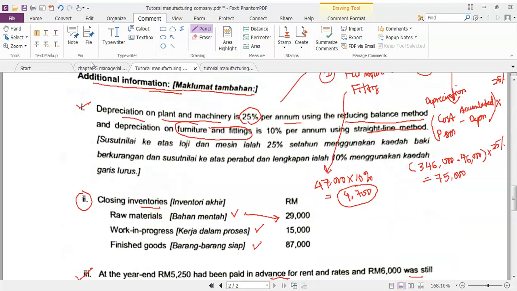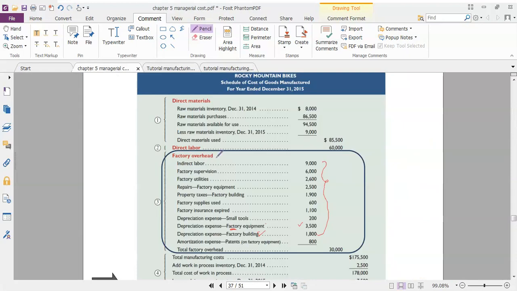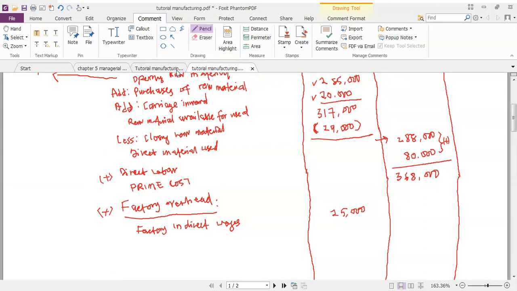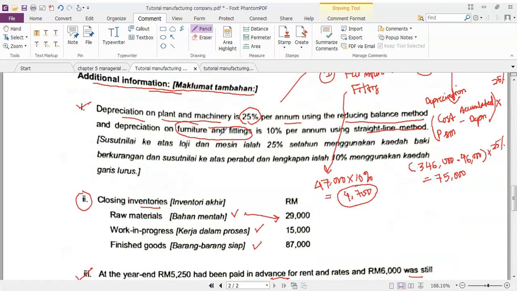Because if you notice here, we must put all the expenses or costs inside the factory overhead when there is, dia ada kena mengena dengan factory. Sekarang ni, untuk put depreciation on furniture and fitting ada kena mengena tak dekat kilang?